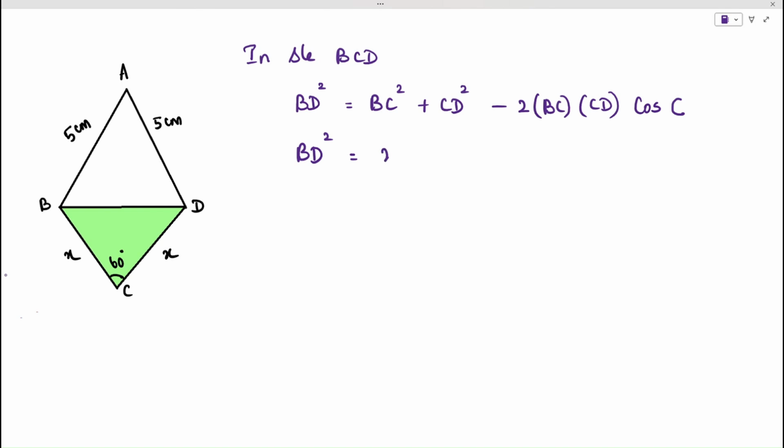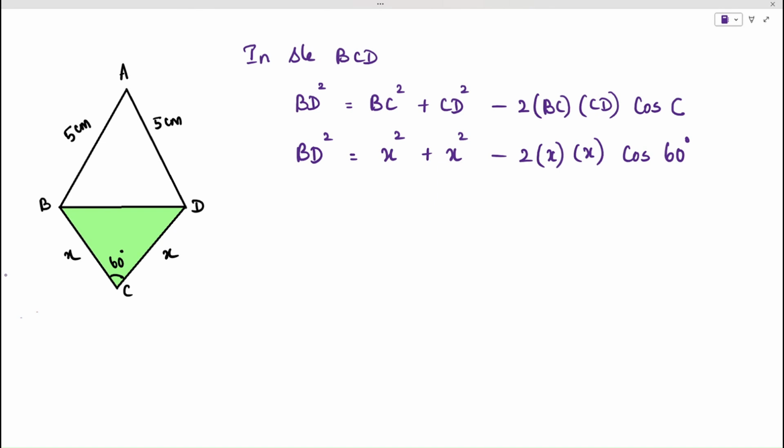So we have x squared plus x squared minus 2 times x times x times cos 60.